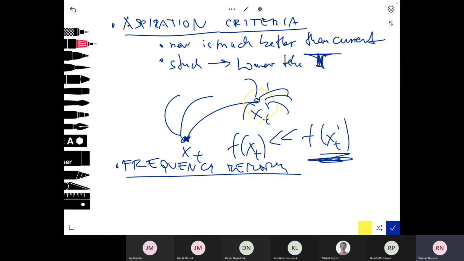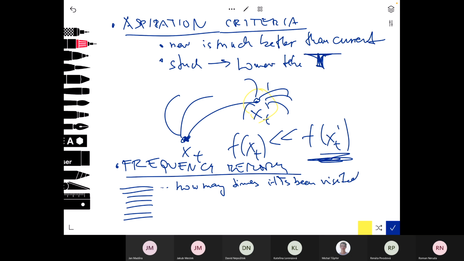And the frequency memory is actually that for each of the instances we have, we remember how many times it's been visited, right? And so the more times it has been visited, the less chance it should have to actually be selected, right?